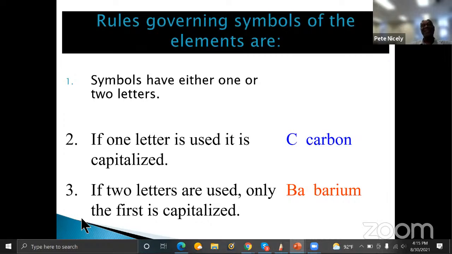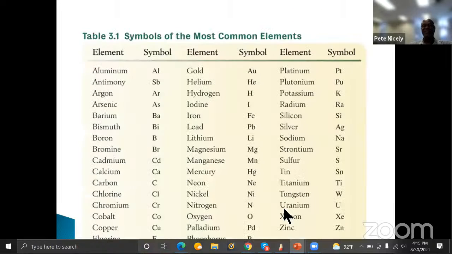So basically, any symbol for any particular element must fit either this description or this. Either it has 1 capital letter, or it's a combination of 2 letters where the first one is capital and the second one is lowercase, all right?